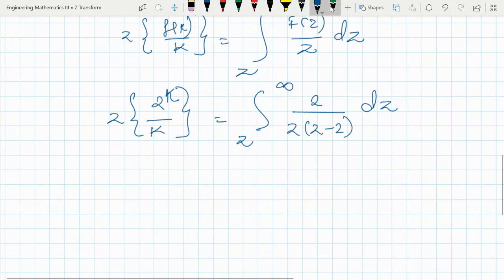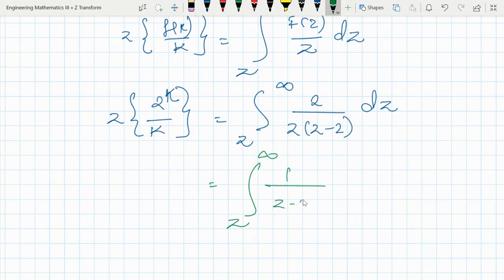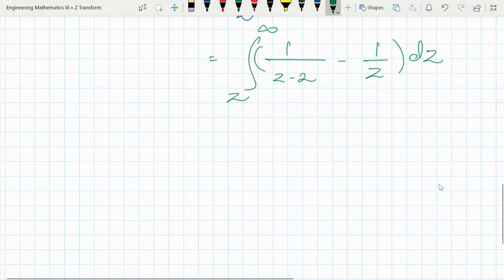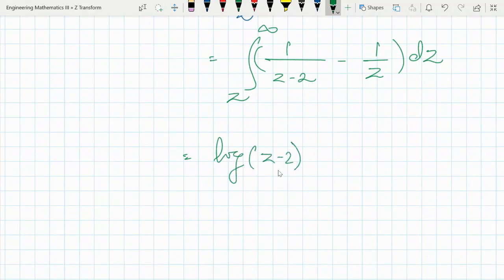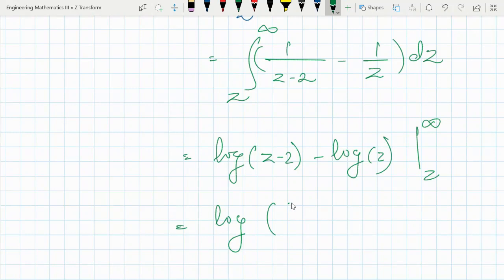Okay, fine. Now this is nothing but the integration from z to infinity of 1 upon z minus 2 minus 1 upon z into dz, and we know the integration is log of z minus 2 minus log of z from z to infinity. We know log a minus log b is nothing but log of a upon b.